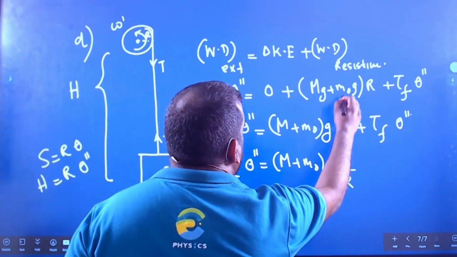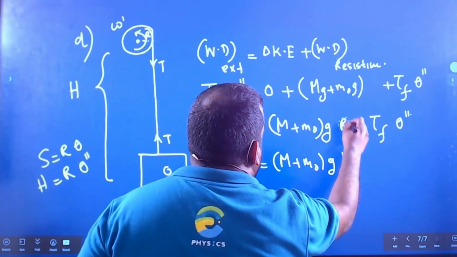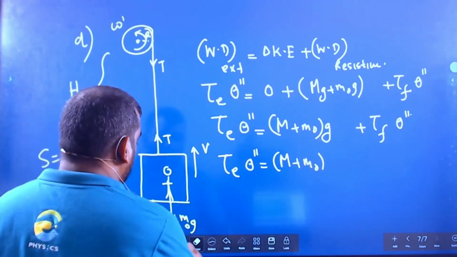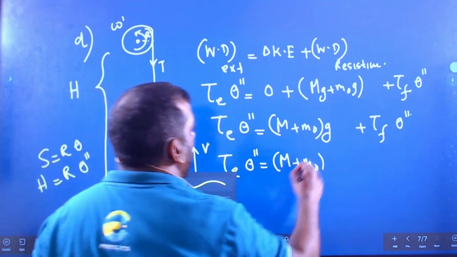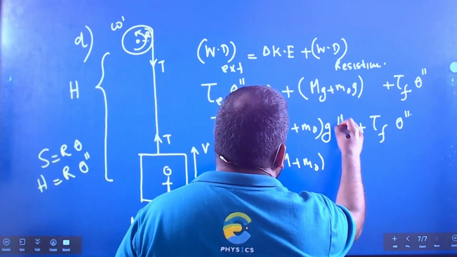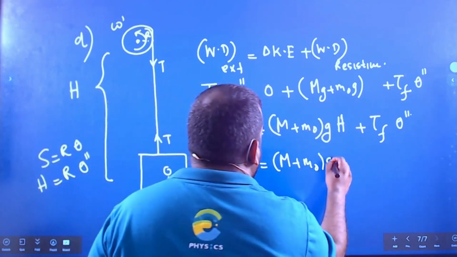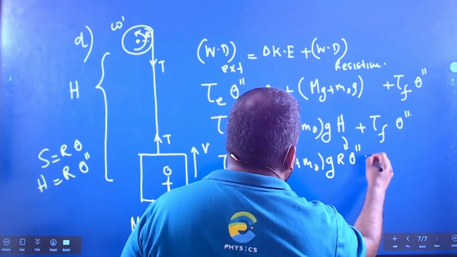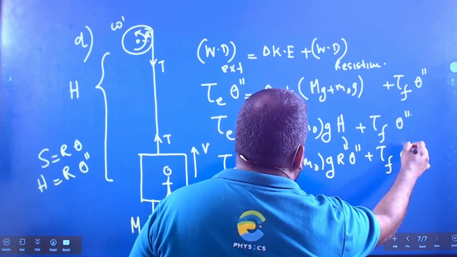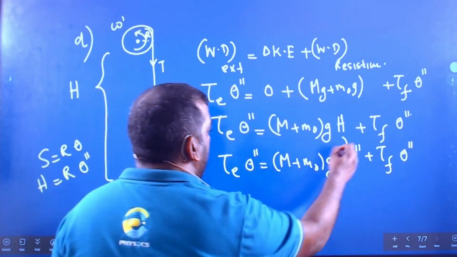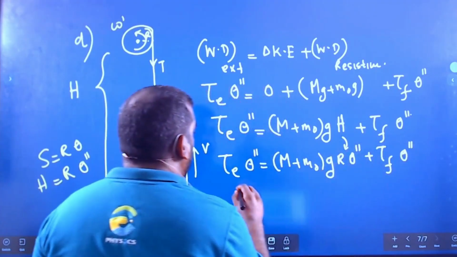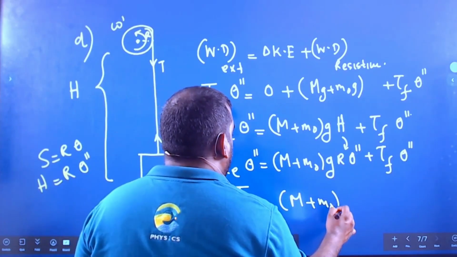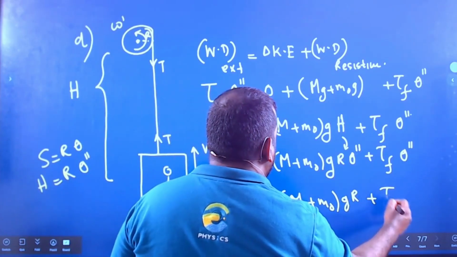External work done is mg into the distance travelled, h, where h is r theta double dash. Frictional torque theta double dash; theta double dash cancels off. External torque is (m plus m naught) g r plus frictional torque.